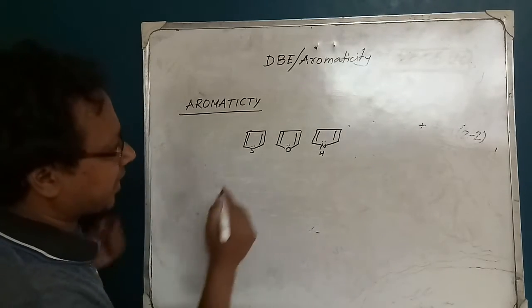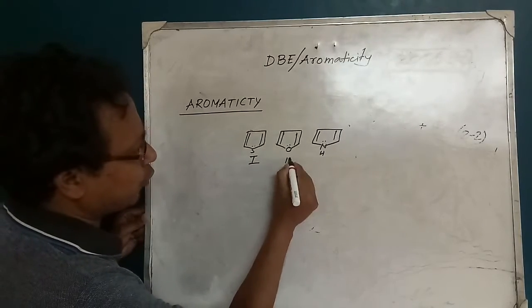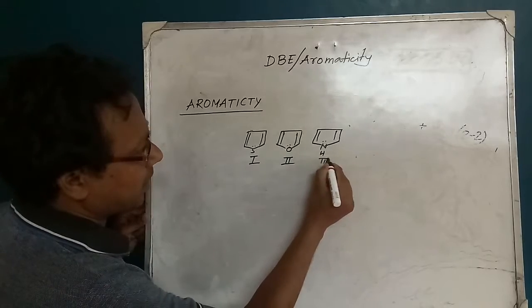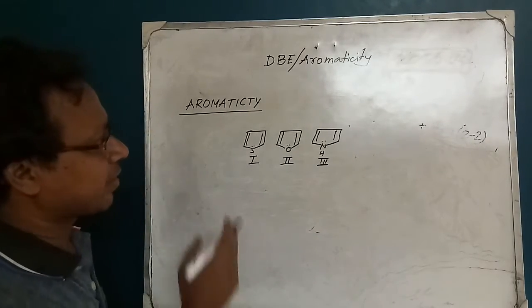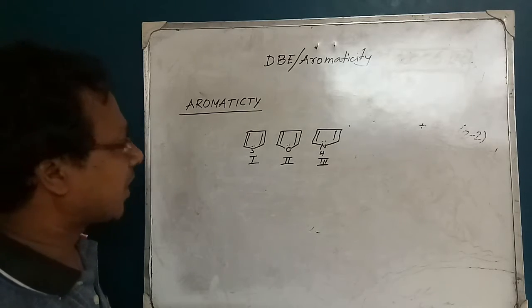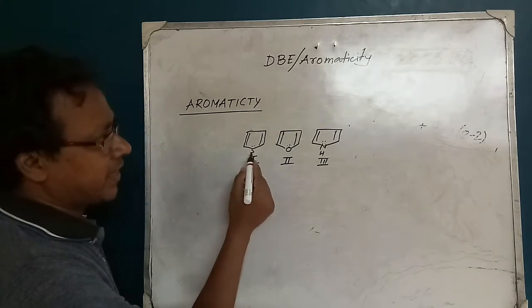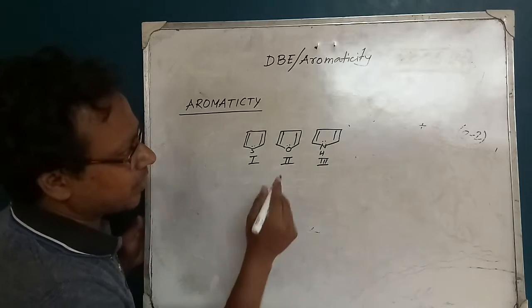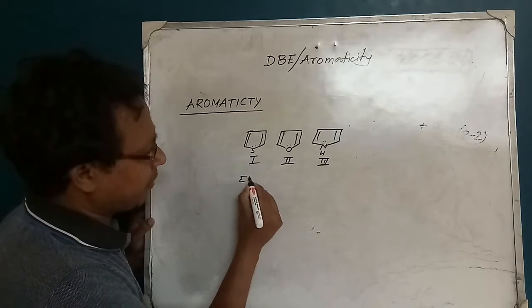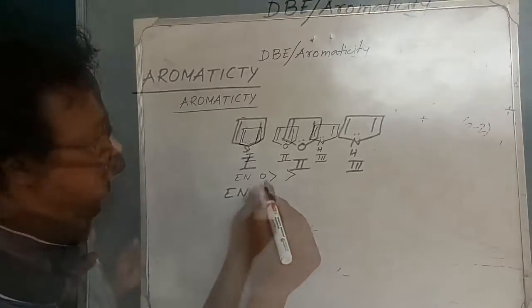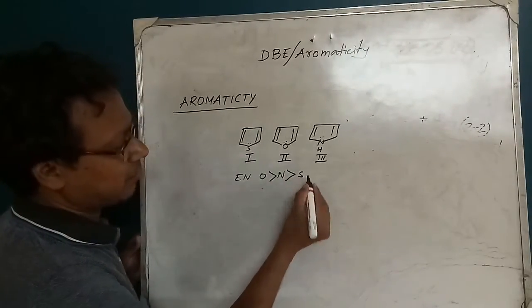If I mark them 1, 2, 3, we can easily compare the aromaticity of these three compounds. According to electronegativity, the order will be oxygen greater than nitrogen greater than sulfur.